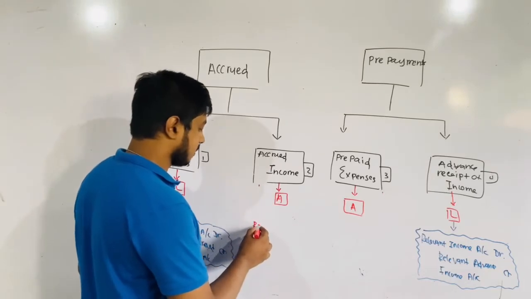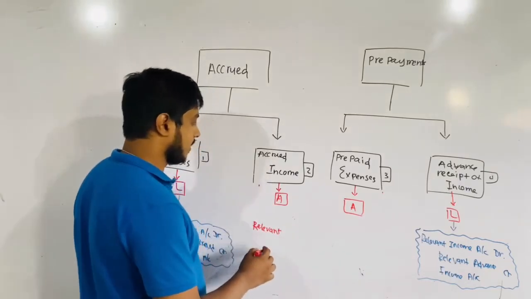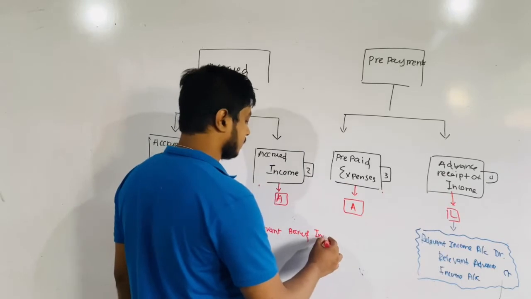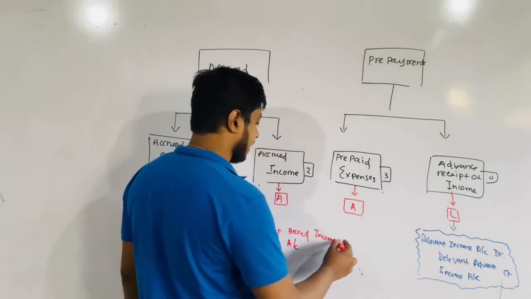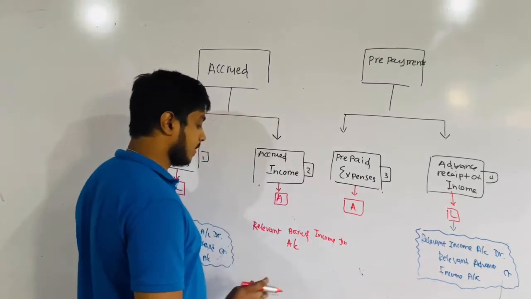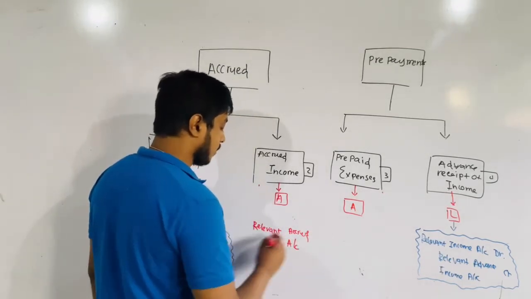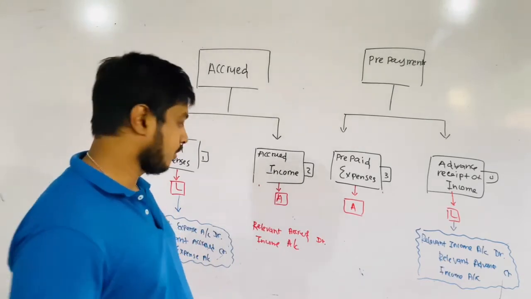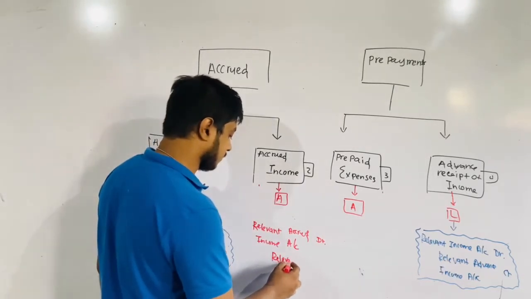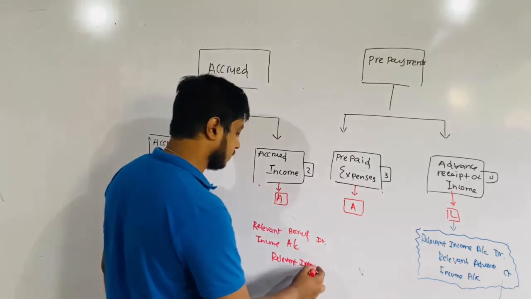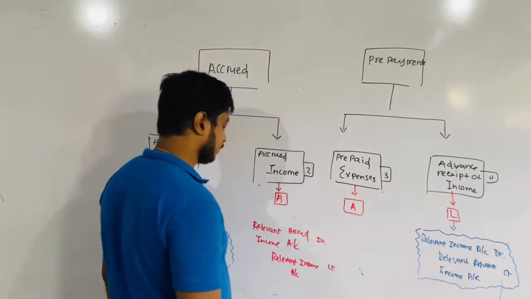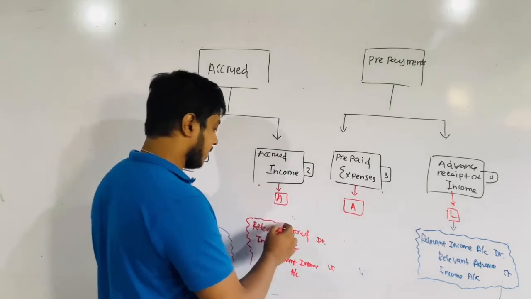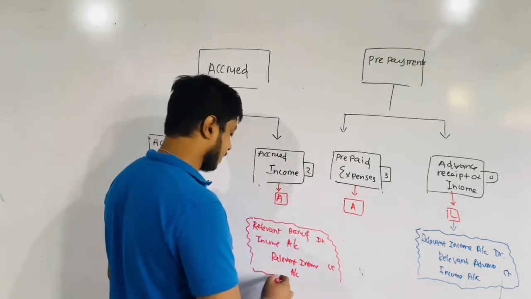Relevant accrued income account debit, and relevant income account credit.